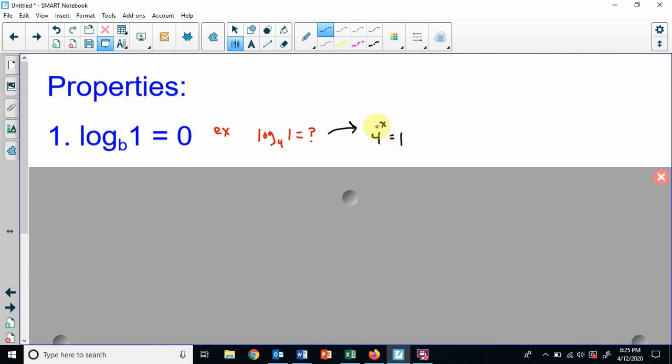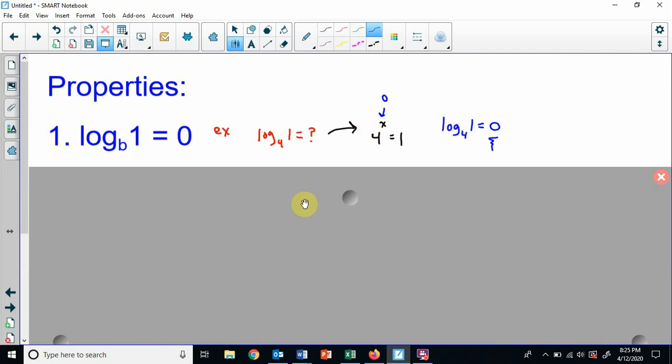Oh yeah, isn't there an exponent that always spits out a value of 1? That's if the exponent is 0, because remember, anything to the 0th power is 1. So any log that I take, no matter what the base is, if I input 1, I'm going to output 0. So this saves you the thinking as a property. You could memorize it, but it's not that hard to reason through that.